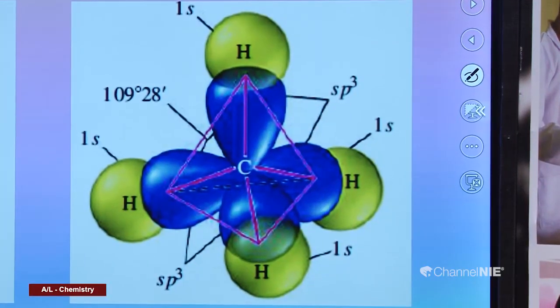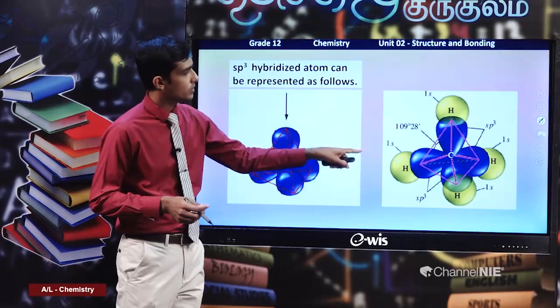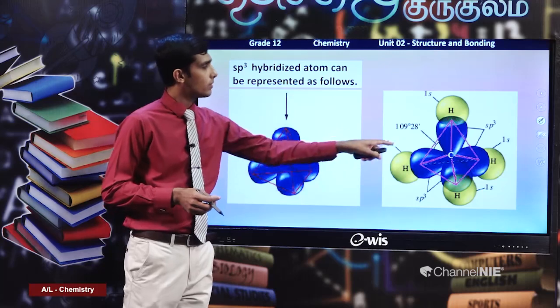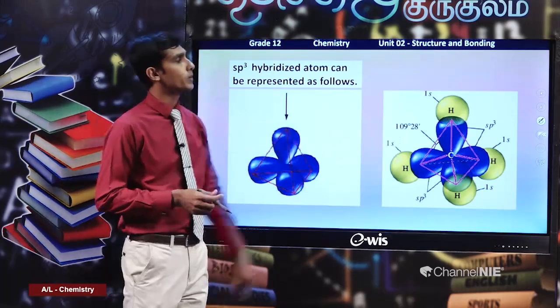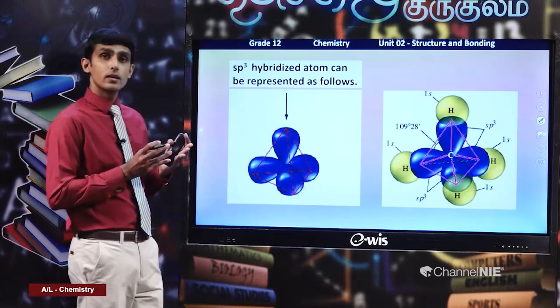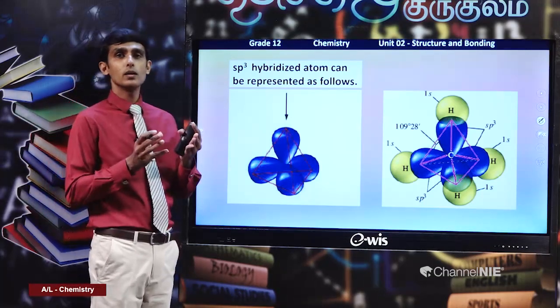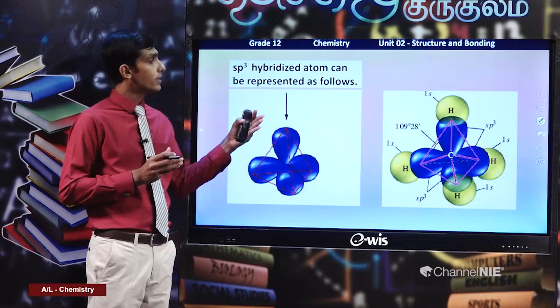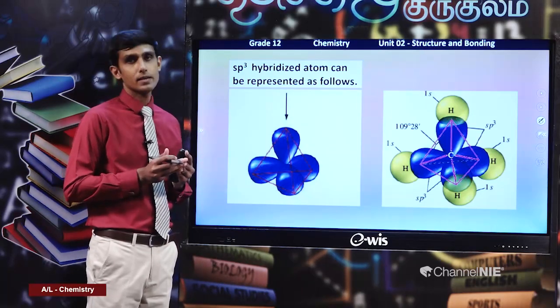The overlapping occurs between hydrogen atoms with unpaired orbitals and these 4 sp3 orbitals. Now, you can understand why the CH4 molecule is tetrahedral and why the bond angle is about 109.